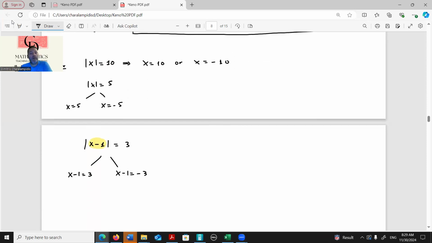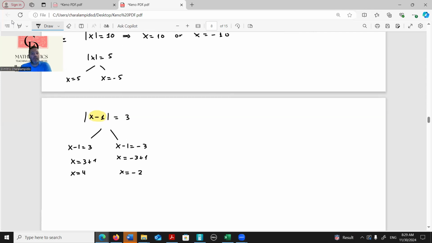And now I will solve each one of these cases separately. x equals 3 plus 1, which leads to x equals 4. x equals -3 plus 1, which leads to x equals -2.